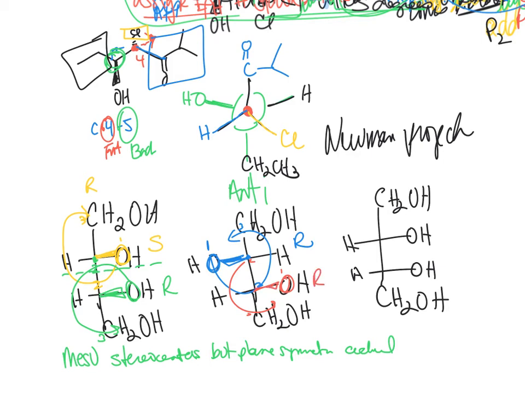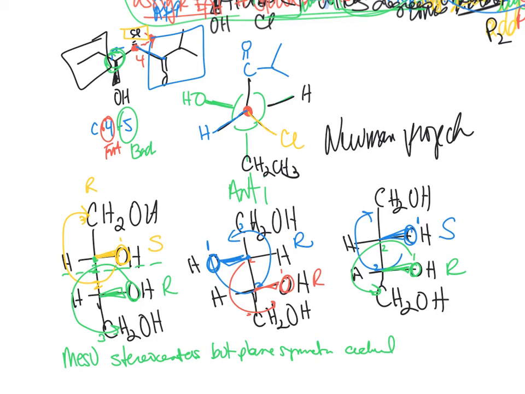And then you come over here. This is 1, 2. So that's R, it's coming at you, so that's S. And then this one is 1, 2, 3. So even though that's S, it's coming at you, so that's R.